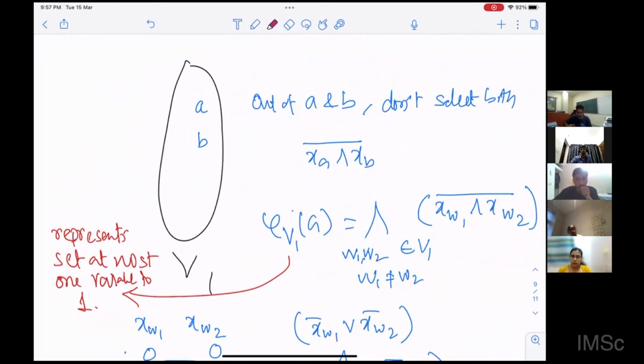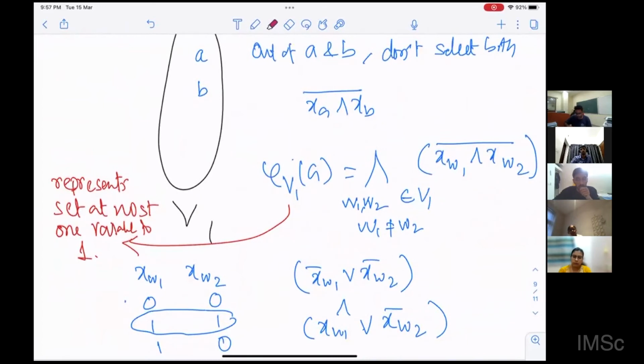Tell me, from the formula which I wrote, can you tell me that you will definitely pick one variable from here? You understand my question? I wrote a piece of formula, and at this point, the clauses and everything which I wrote, I'm only able to guarantee that this is what it is. Is that fine? Yes. Okay.